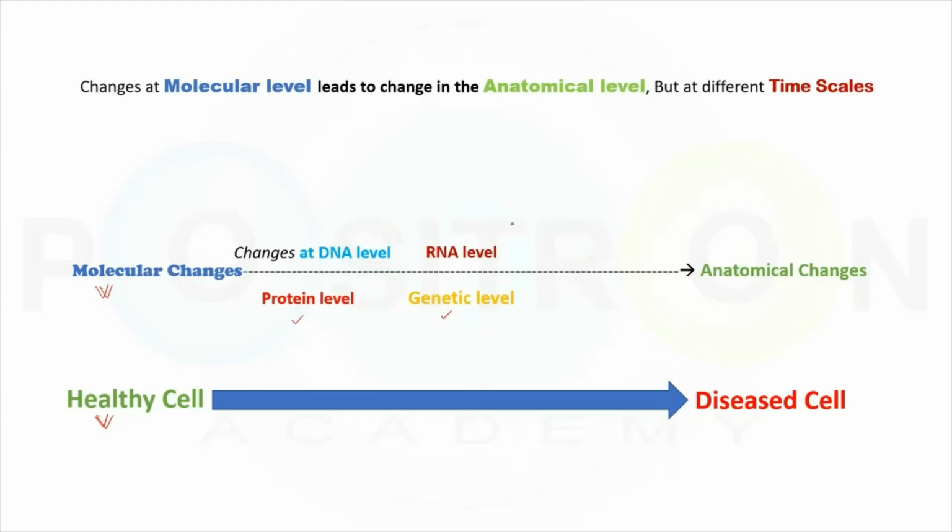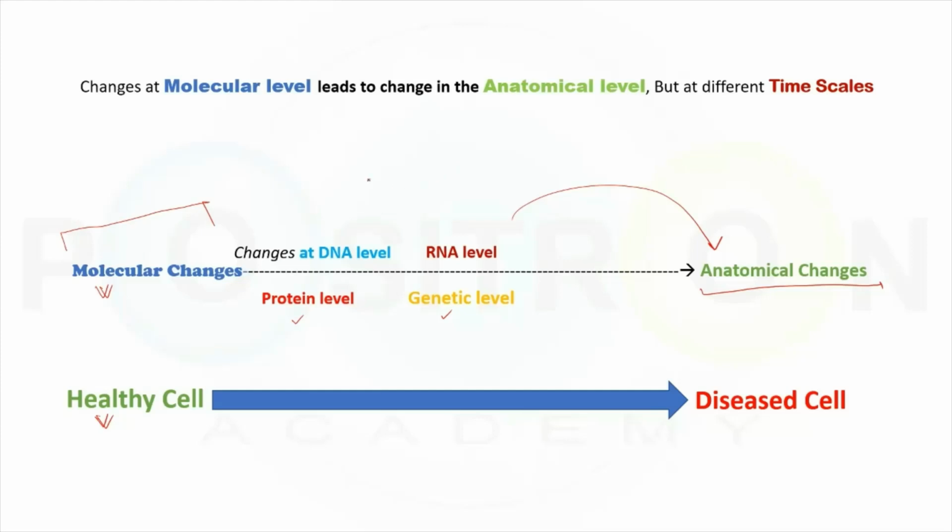And because of these changes at the molecular level, or a single cell level, there occur changes at the anatomical level also. These changes occur at later time points, while the molecular changes occur at earlier time points, maybe even months or years before the disease can be seen.